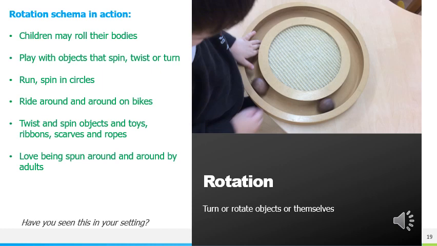So have you seen those children in your setting that run around in circles and spin? Is there anything in your nursery that actually spins and you see them staying there for a few minutes just spinning it round and round, watching and watching? Are they twisting things? Are they going around with the scarves and spinning them and twisting them in the air? Have a little look and observe your children.